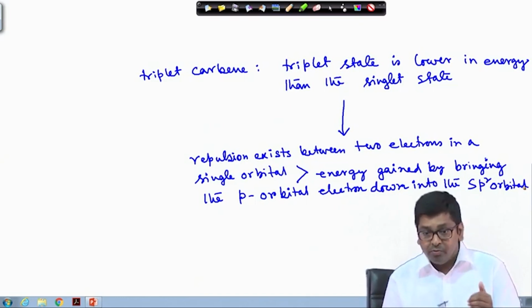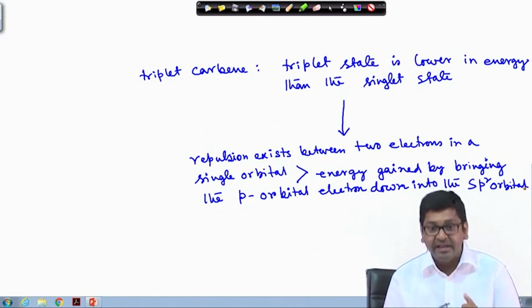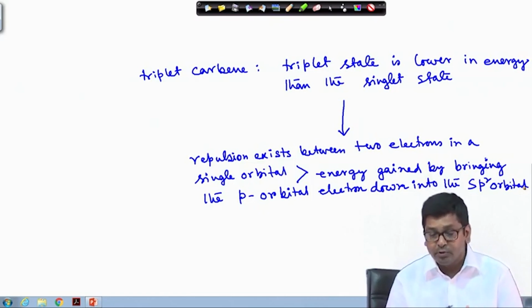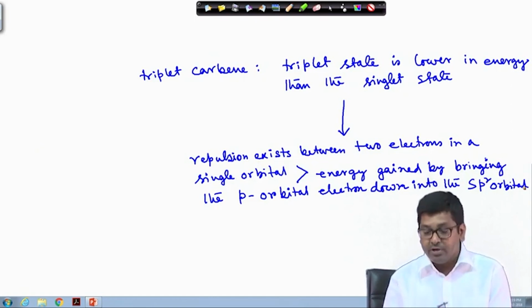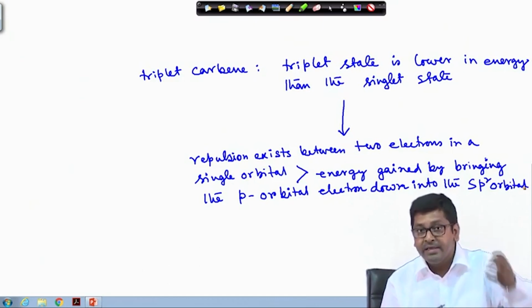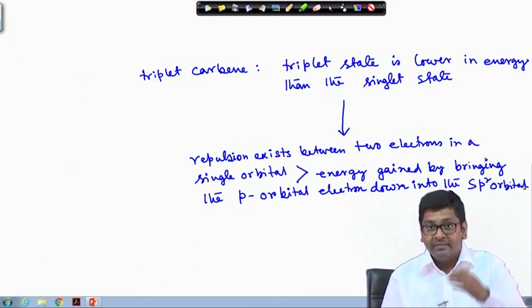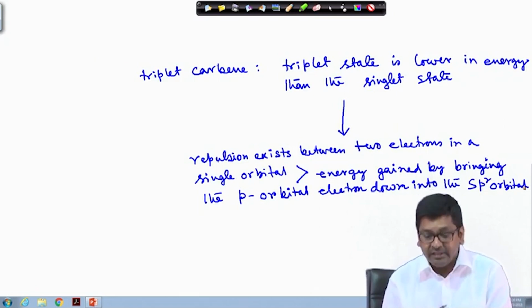If the energy gained from bringing the electron down from the p orbital to the sp2 orbital is higher than the repulsive energy, then what will it be? Please tell. If the repulsion between the two electrons in a single orbital is higher, then obviously it will be triplet. But if the opposite happens, that is, the energy gained from bringing the electron from the p orbital to the sp2 orbital is higher than the repulsive energy, then obviously it will be singlet.